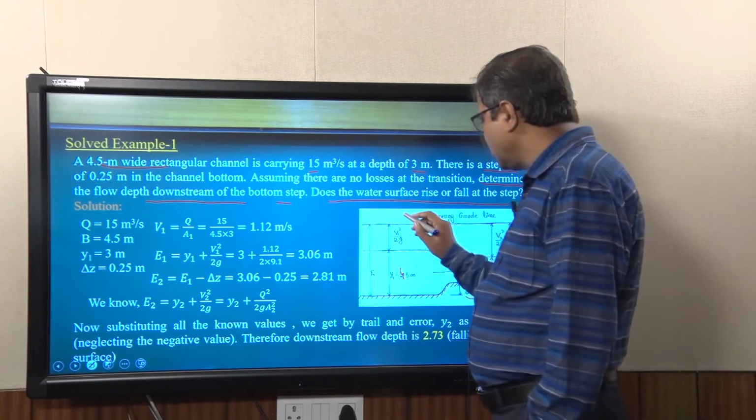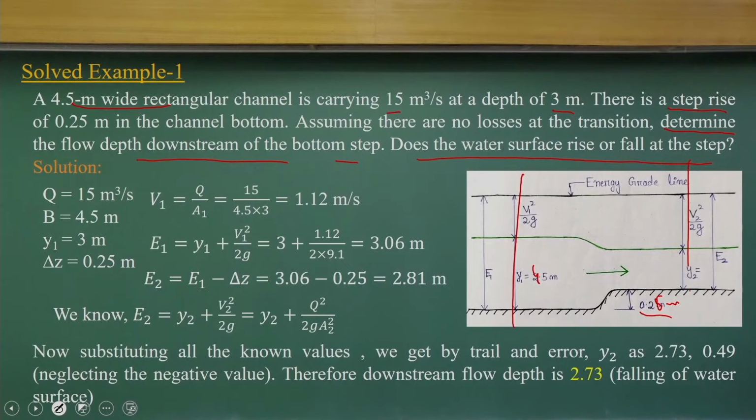So, I can use the specific energy at the two sections, section 1 and section 2. I can compute the specific energy at section 1, and at section 2 the specific energy will be less than E1 because of this rise height, which is 0.25 meter. That is the reason we get this E2 value.